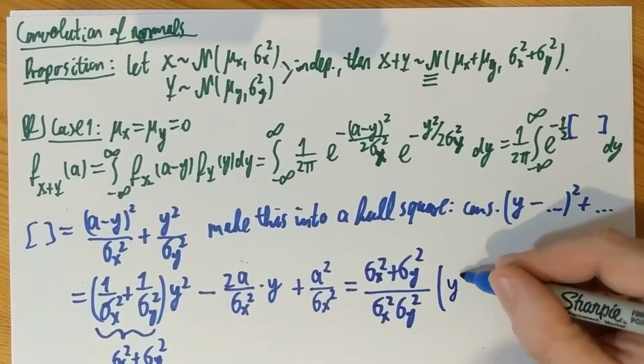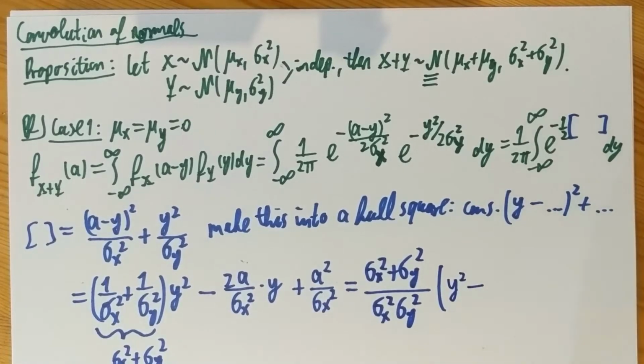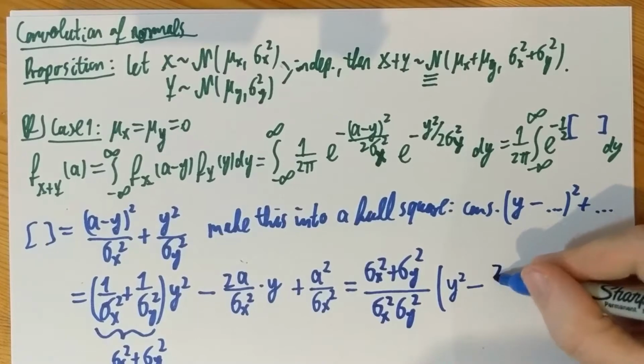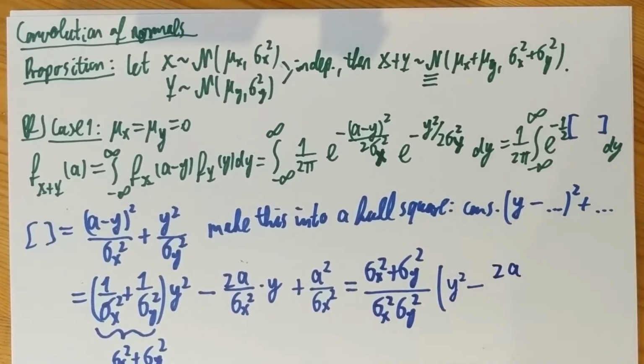So that is going to give me a y square and then minus. So I have a 2a and I have a 1 over sigma x squared, but the sigma x squared is actually factored out.